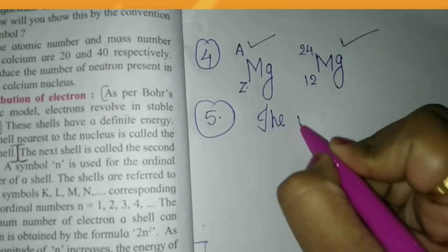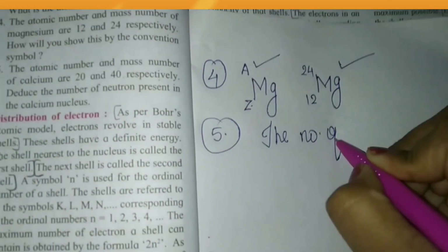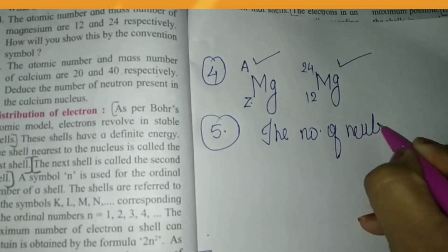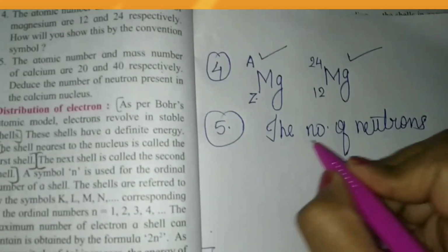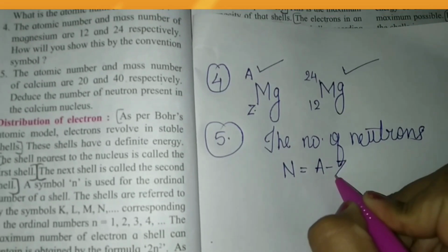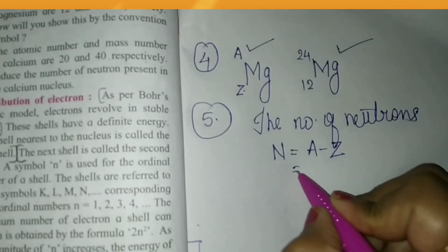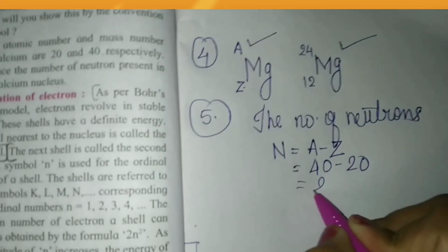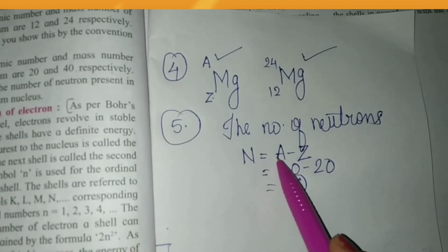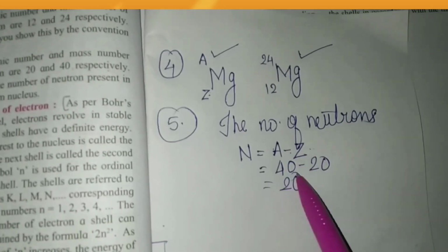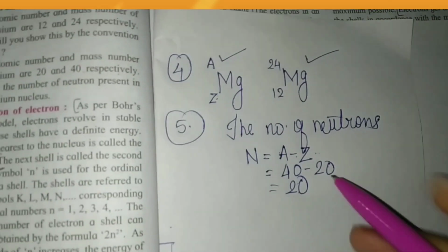The number of neutrons, that is N, is equal to A minus Z. Simply we have to deduct the number from A, that is from mass number, minus that is Z, that is atomic number. 40 minus 20 is equal to 20, and here we got the answer.